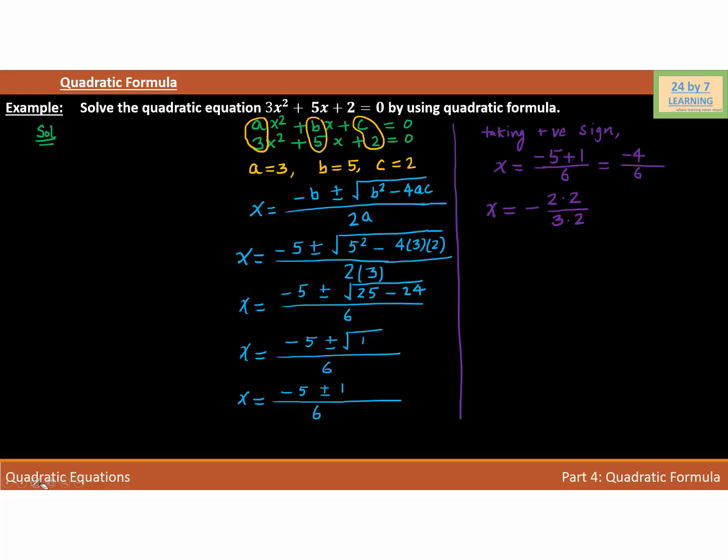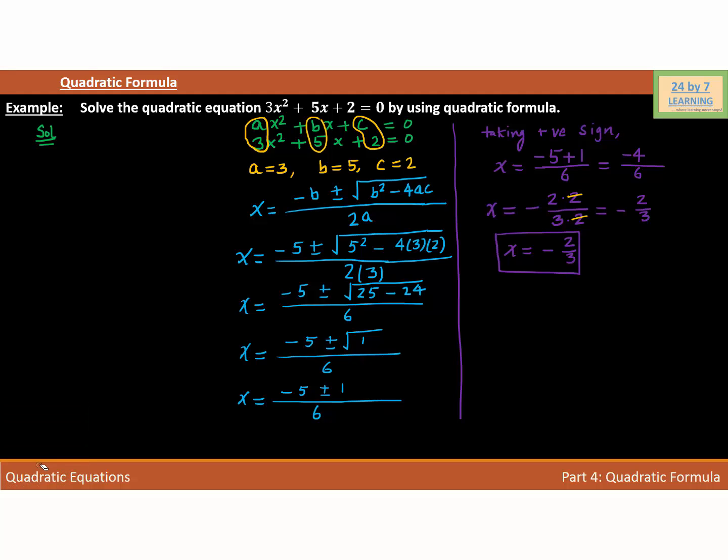As you can see, I have a common factor in the numerator and denominator, so my 2 can be cancelled out, and I will get the leftover, which is basically negative 2 over 3. So the value of x is equal to negative 2 over 3, and this is my first solution of the quadratic equation.